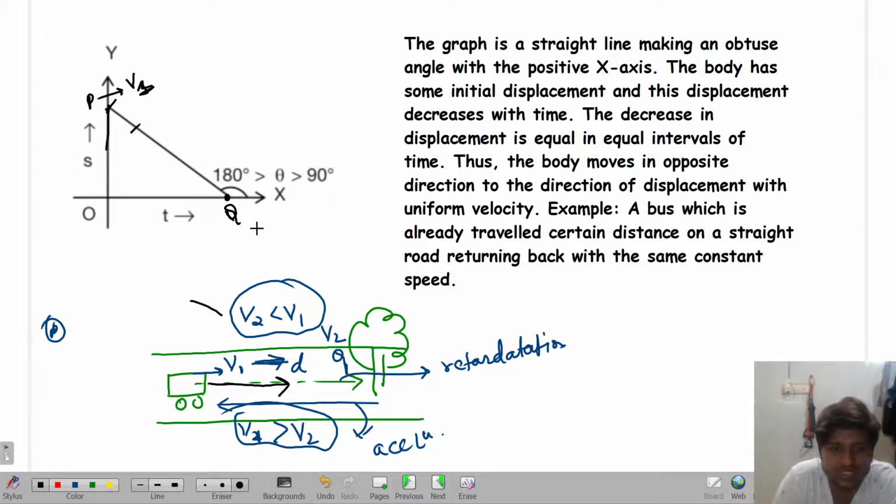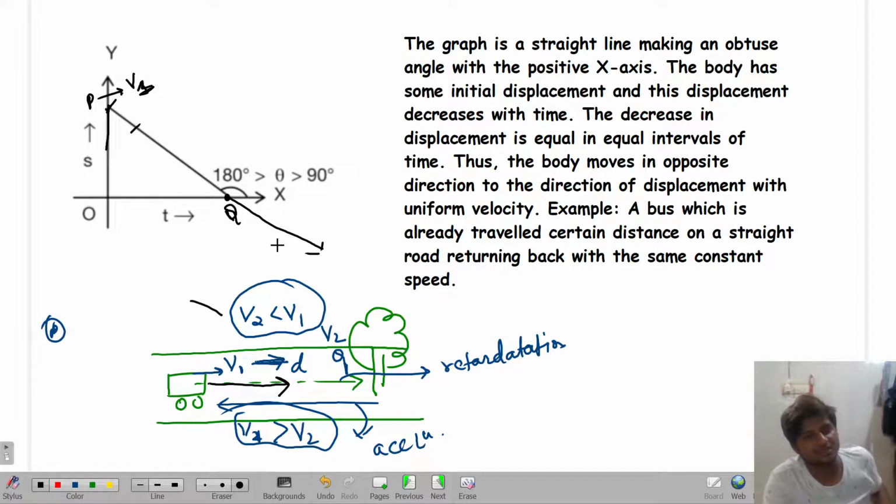But after that, try to understand, this graph is not over yet. Here it is over, but it is not over yet. So where will I draw next? I can draw this line in this direction, or not? Tell me yes or no. This means that from point Q, the particle starts to accelerate and it is moving in the opposite direction.